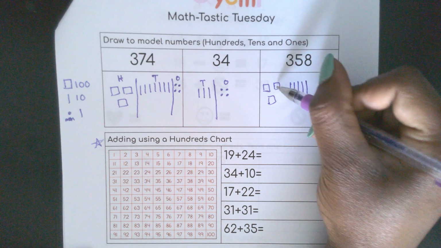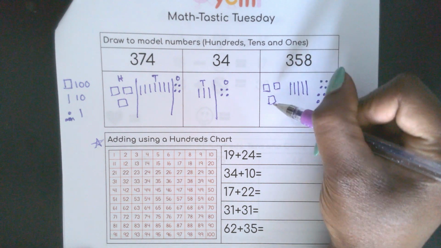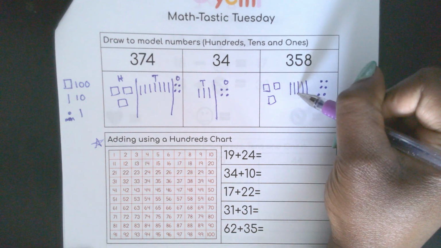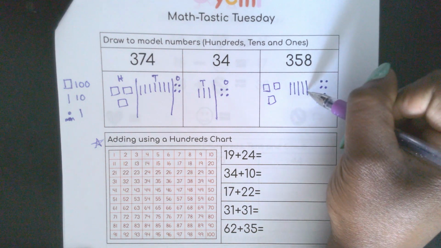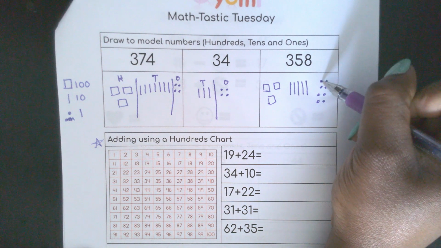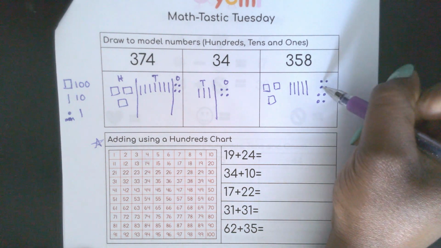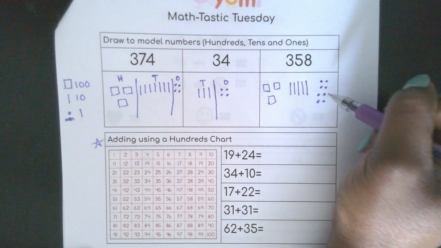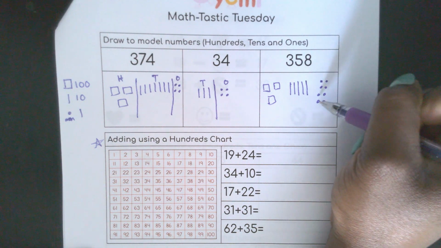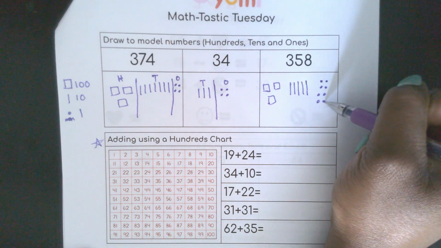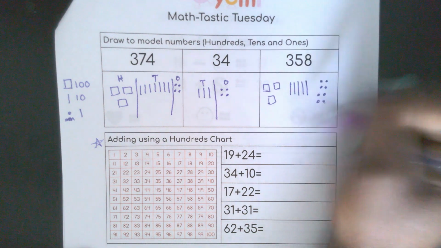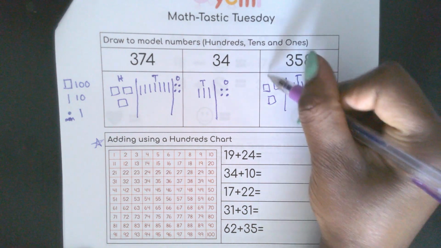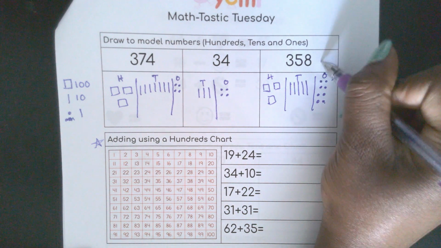So 100, 200, 300, 310, 320, 330, 340, 350, 351, 352, 353, 354, 355, 356, 357, and 358. So just from this image here, I have shown the very same number that's right up here.